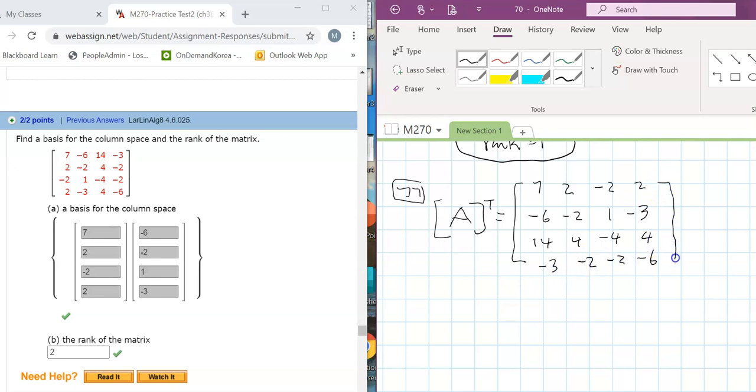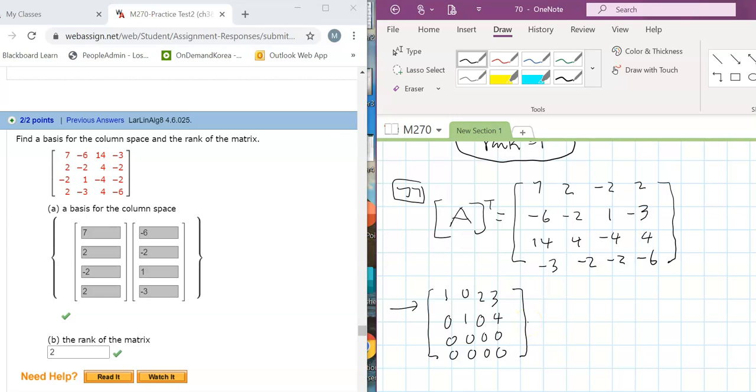Okay, I transpose and do your Gaussian elimination. I'm going to just show you the result of the Gaussian elimination of 77. And you're going to get this: 1, 0, 2, 3, 0, 1, 0, 4, 0, 0, 0, 0, 0, 0, 0, 0.